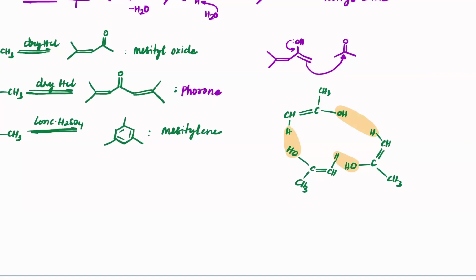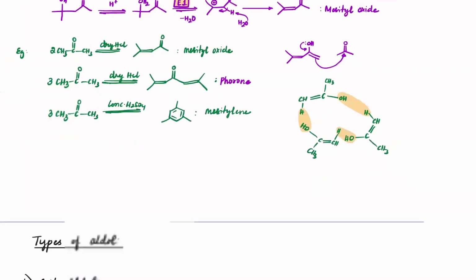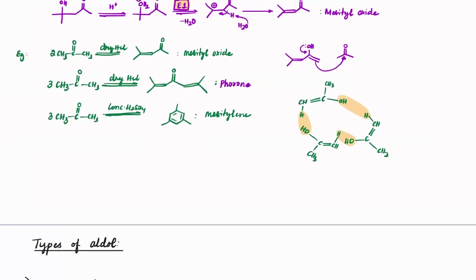After removing that, you will see there is a cyclization happening. 1, 2, 3, 4, 5, 6. So these are the 6 carbons which are connected like this. That becomes the benzene and becomes mesitylene. So this is how you will get the mesitylene form in this case, everybody.